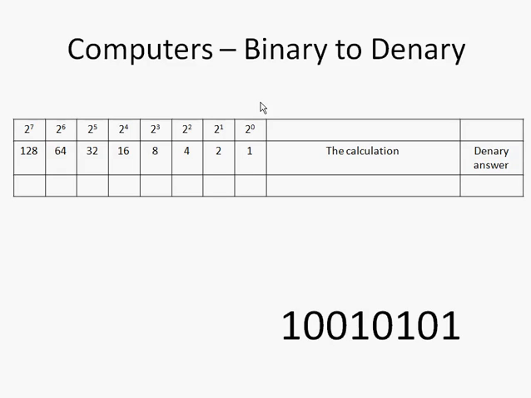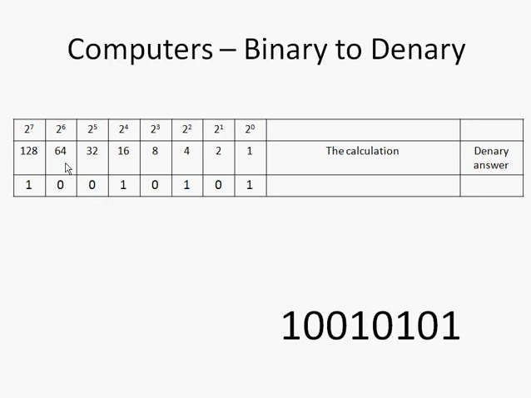Once we remember that sequence of numbers, the next thing we do is write in our binary number, all 8 bits of it. It doesn't really matter too much if you start from the right or the left in this example, because it's 8 bits and there are 8 slots. We write that in, and then we see if there's a 1 underneath the first one, then we use 128 as part of our calculation.